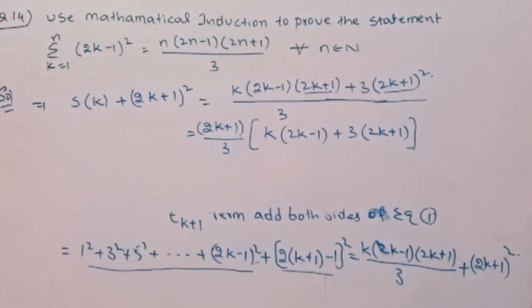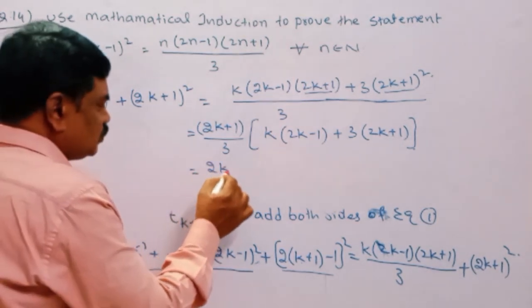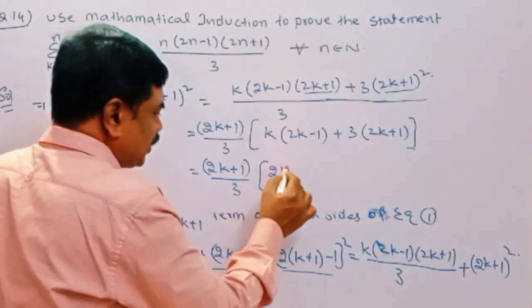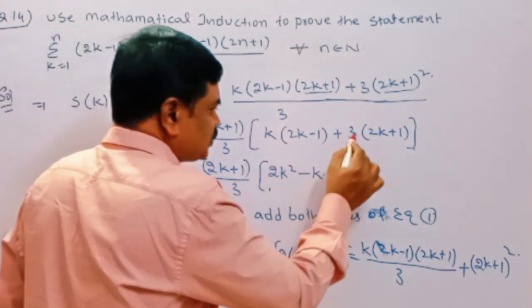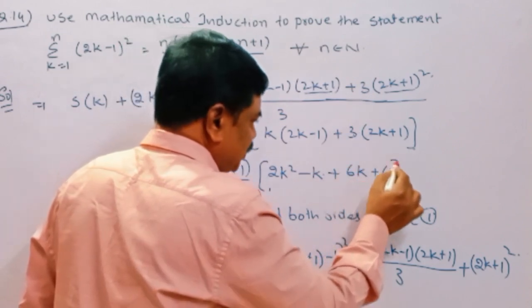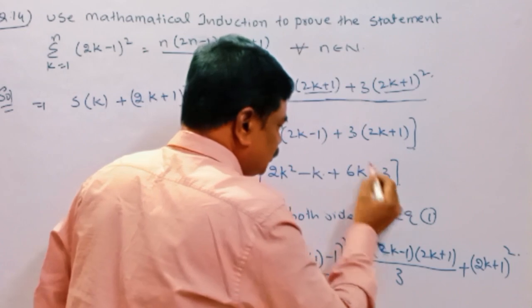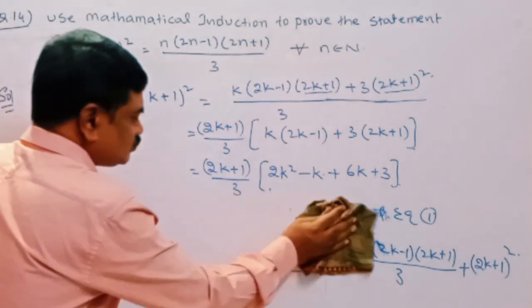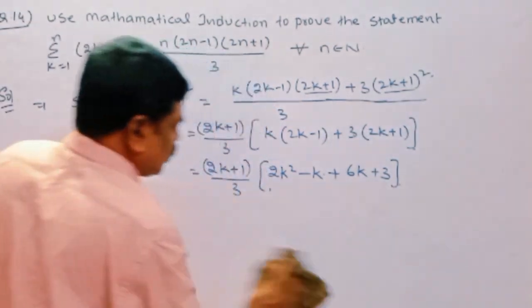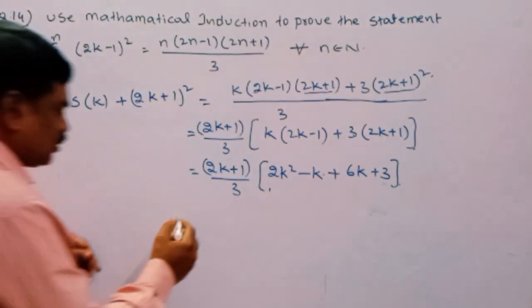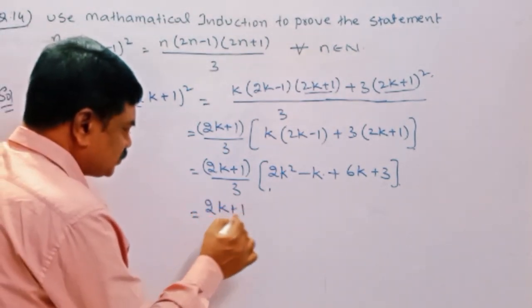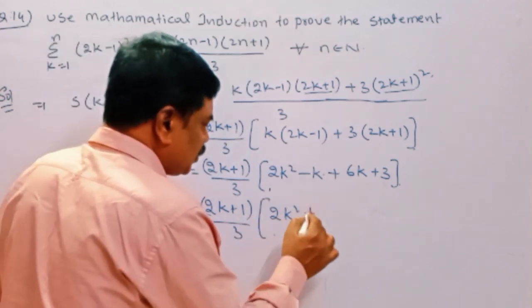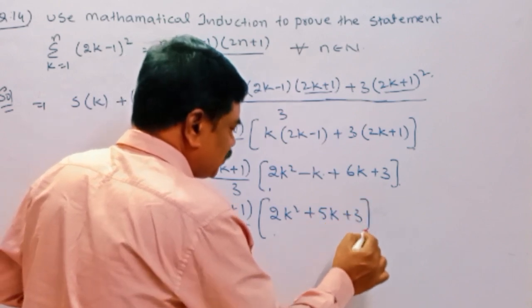By simplification, (2k plus 1) by 3 of 2k square minus k plus 6k plus 3, this is equal to (2k plus 1) by 3 of 2k square plus 5k plus 3.